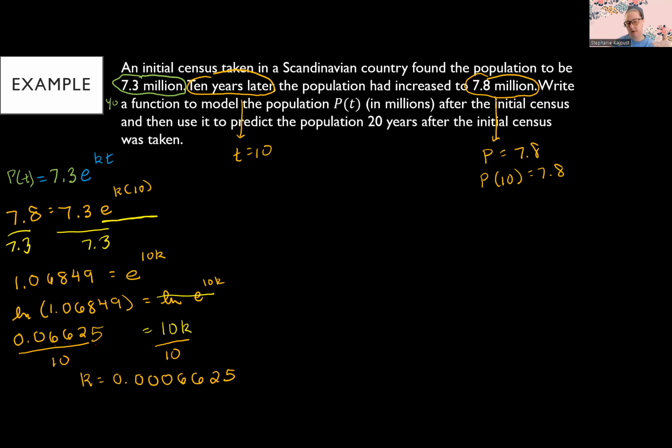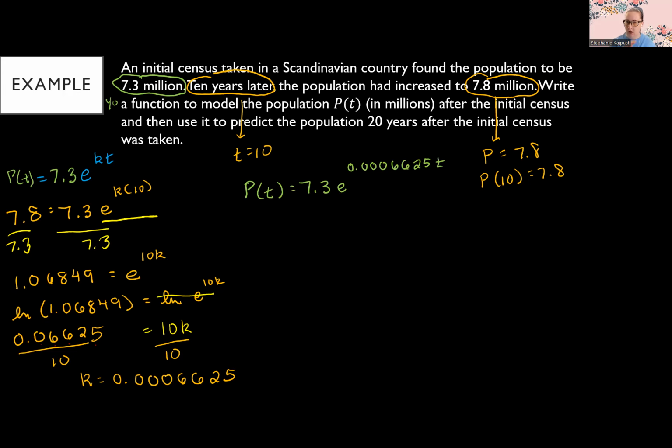So I went through all of this work to find the value of k so I can actually write my model. And if you wanted to convert that to a percentage, you would multiply it by 100. So our model is P of t equals 7.3e to the 0.006625t.